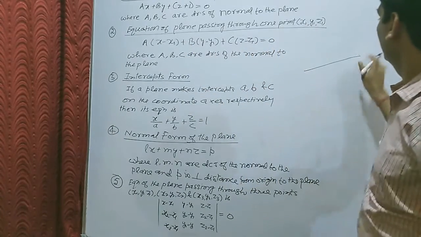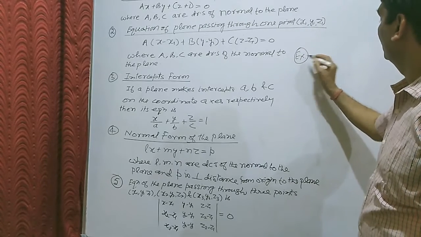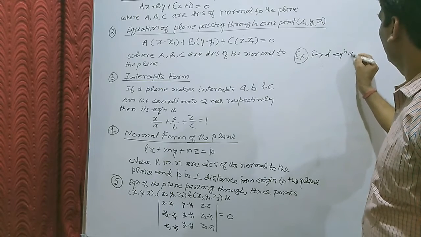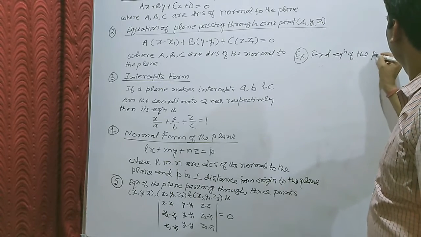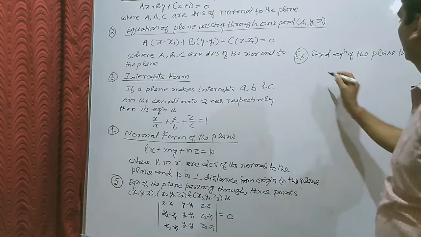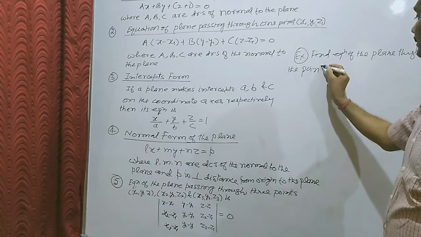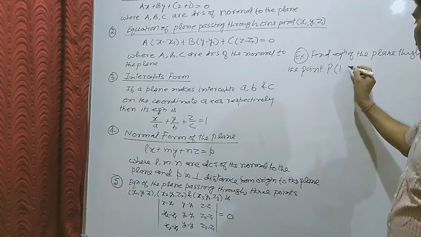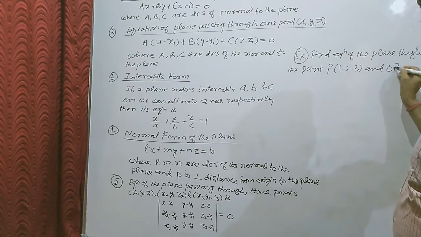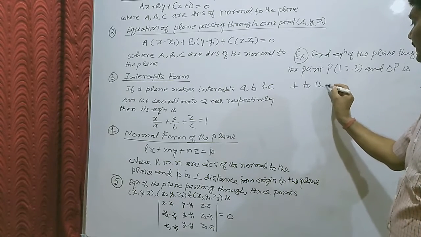For example, example 1, that is based on finding the equation of a plane. Find the equation of the plane through the point P(1, 2, 3) and OP is perpendicular to the plane.